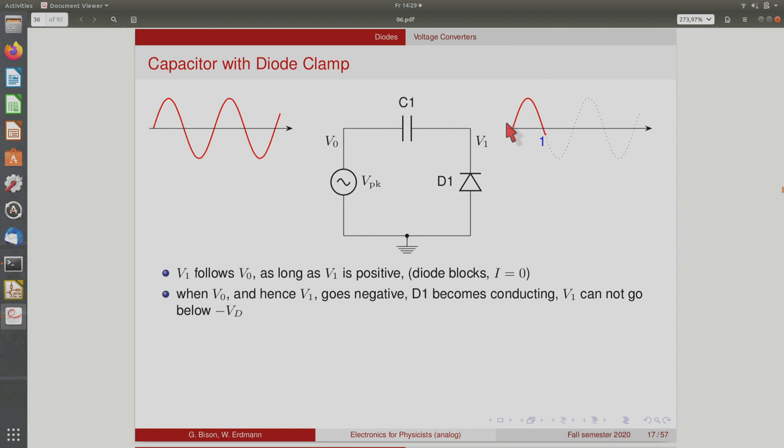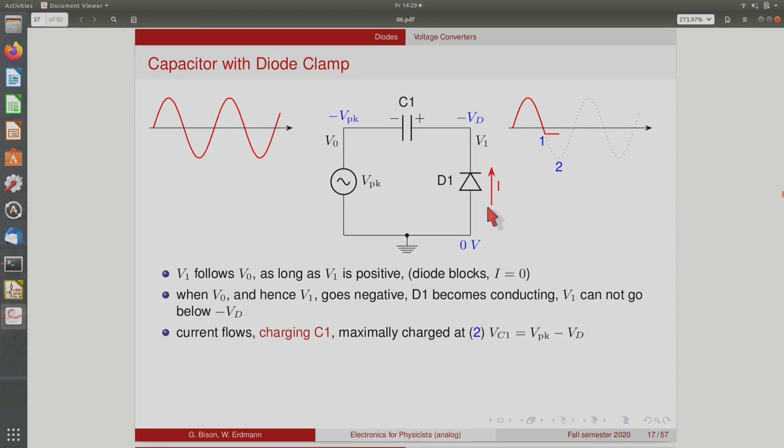So what you see is basically this. The output goes up and goes back down again until you hit one diode drop negative, basically, until you try to go negative. At this point, the clamp kicks in. The clamp will do whatever it can to prevent this point from going negative, and while it does that, there's a current flowing through the diode.